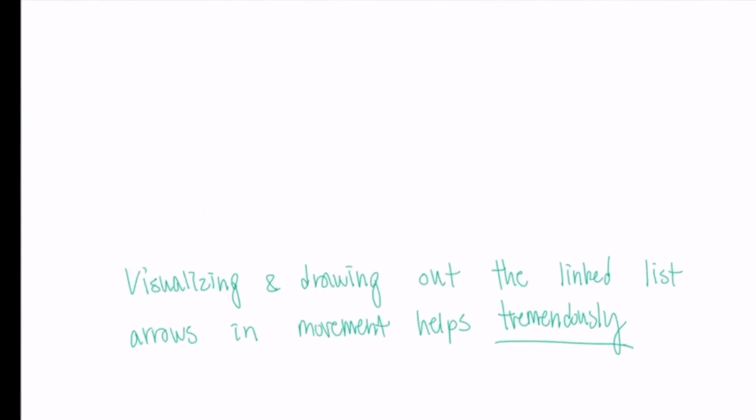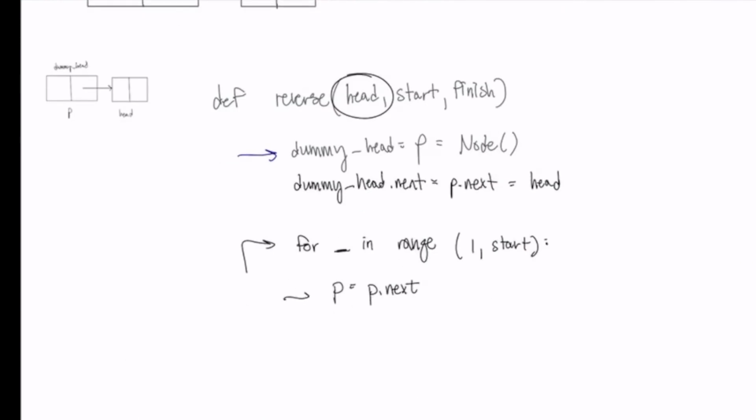So now that we have that established, we can look into p equals p.next, which, as I've discussed before, is the iterator variable that will hop to each node until it reaches the node right before the start node that we've declared.